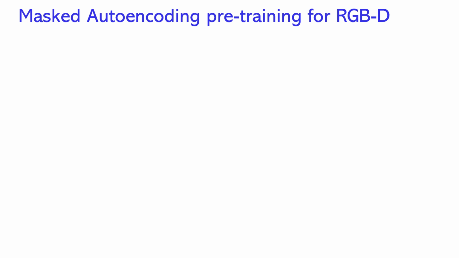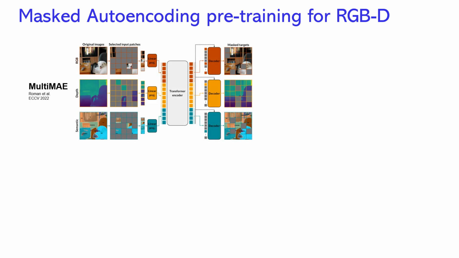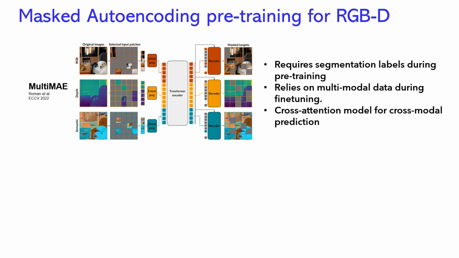The second paradigm to leverage RGB-D datasets is again mask autoencoding. One particular approach is MultiMAE, which extends the vanilla MAE to a multi-modal, multi-task setting and includes the depth modality and the segmentation modality. However, it requires both depth and semantic segmentation during the fine-tuning stage, and it also relies on pseudo labels for the semantic segmentation.